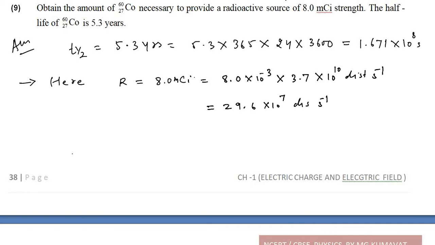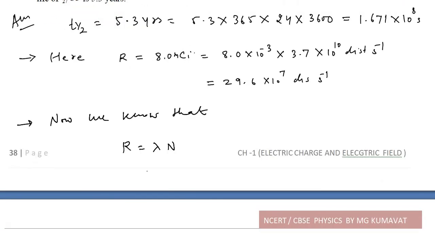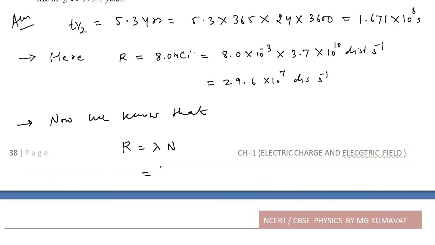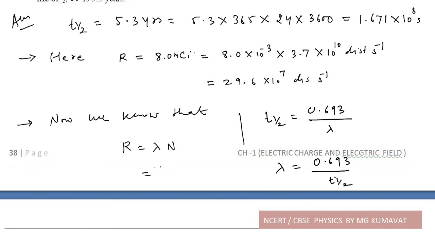So after multiplying, we know the relation R is equal to lambda N. Dear students, here we know the relation between the half life time and the decay constant, that is 0.693 divided by lambda.